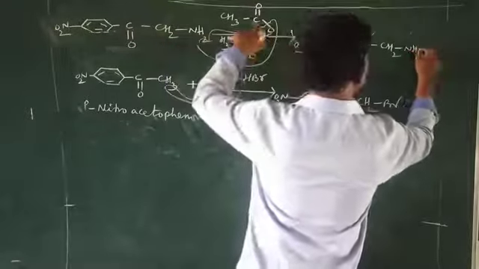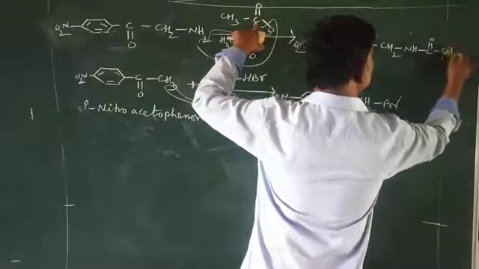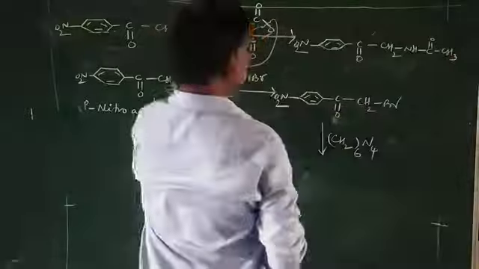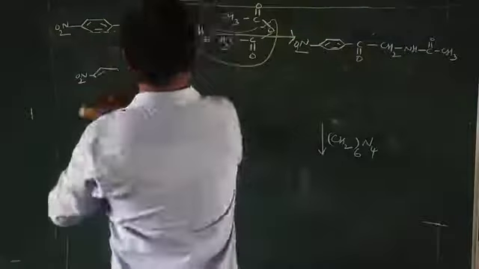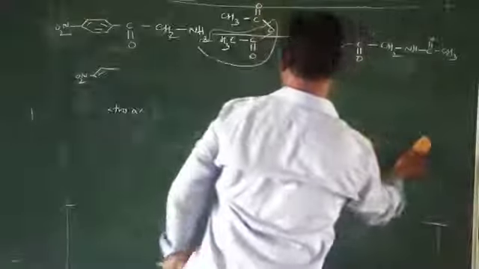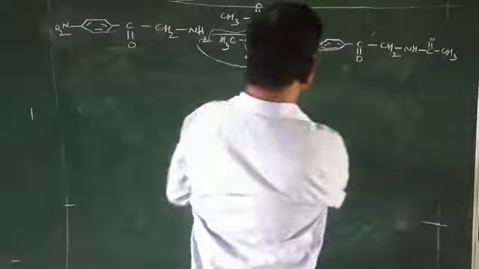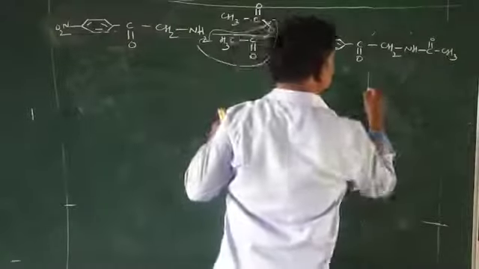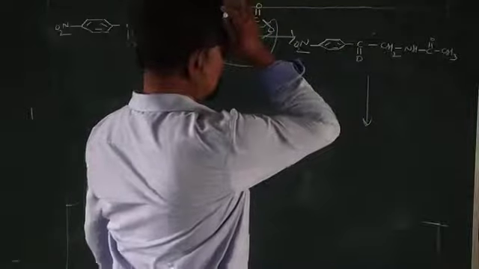Remaining portion C double bond O and CH3. So we will get this compound which is treated with formaldehyde.